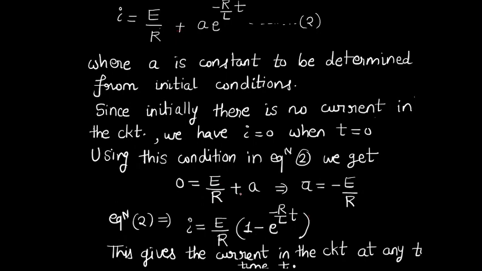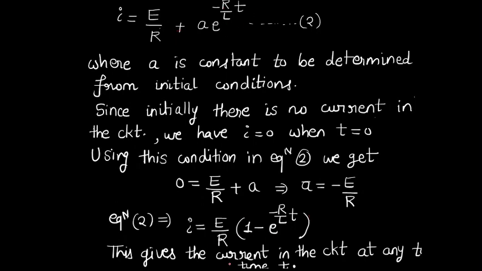So 0 equals E/R plus A. So what is A? Minus E/R. Putting this value of A in equation number 2, you will find E/R will be common. What is left? 1 minus e raised to the power minus (R/L)t.